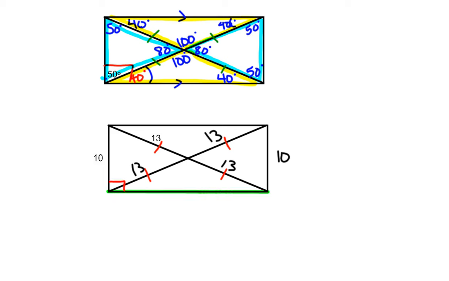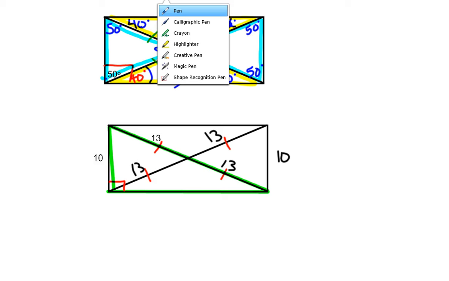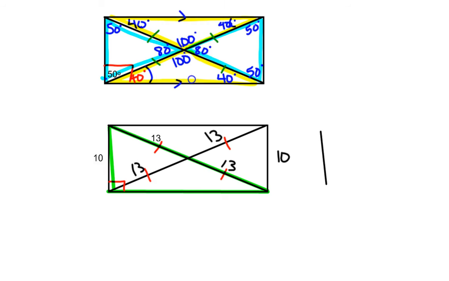Well, remember, we have right triangles throughout this rectangle. So if I look at this whole triangle right here, then I realize that does not look like a right triangle. I didn't do a great job with that.